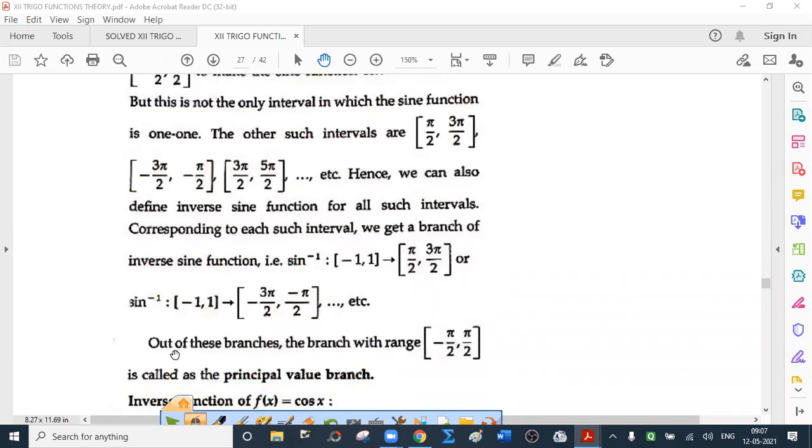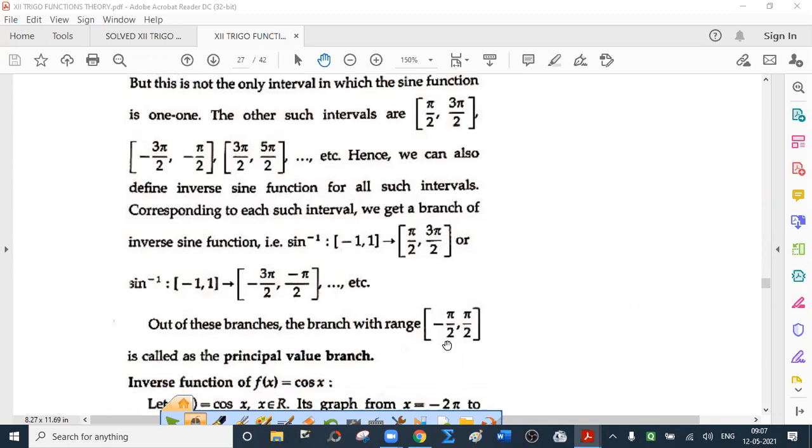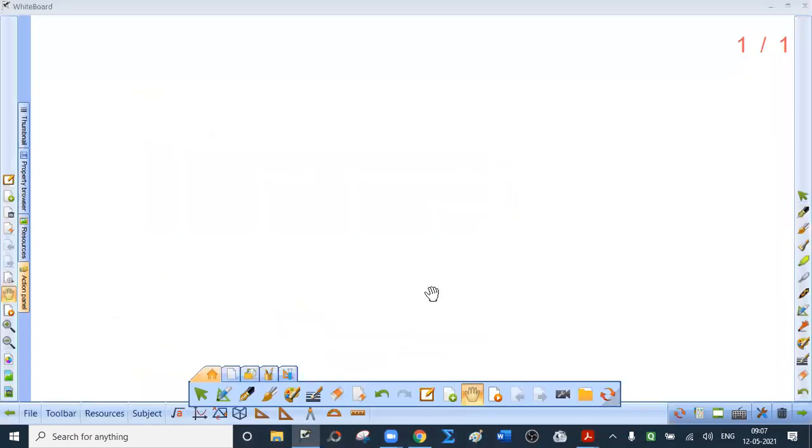But the next part is important. Out of these branches, the branch with range closed interval minus pi by 2 to pi by 2 is called the principal value branch. We are interested in the principal value branch only. Means what? Suppose I ask you, what is sine inverse 0? You should not say pi.